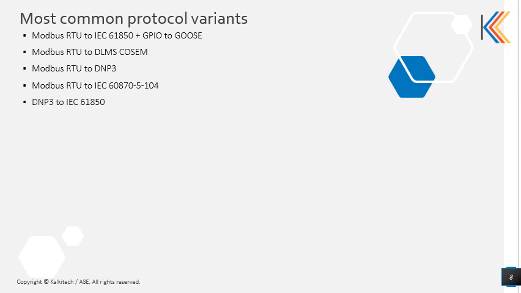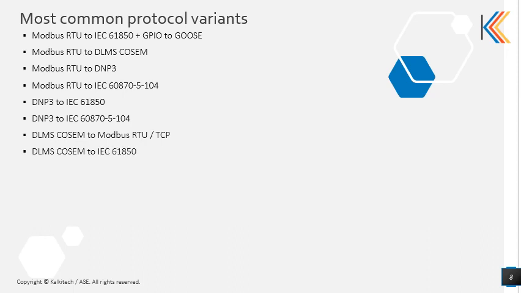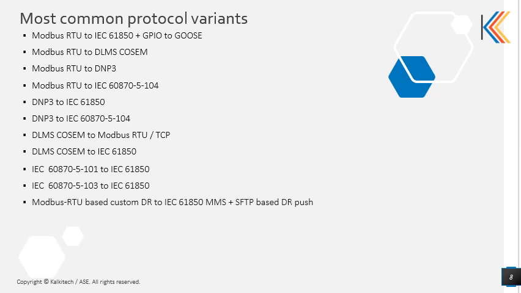Then DNP3 to 61850, especially in the US market, is a requirement that we supply. DNP3 to 104 is also a key area. Then DLMS COSEM to Modbus RTU TCP, DLMS COSEM to 61850, 101 to 61850, and 103 to 61850 are minor requirements, but we have been supplying them.